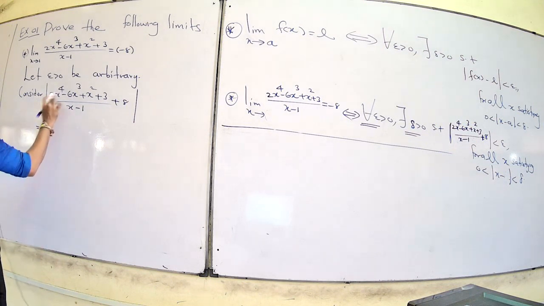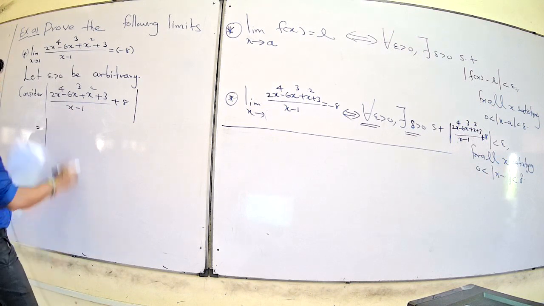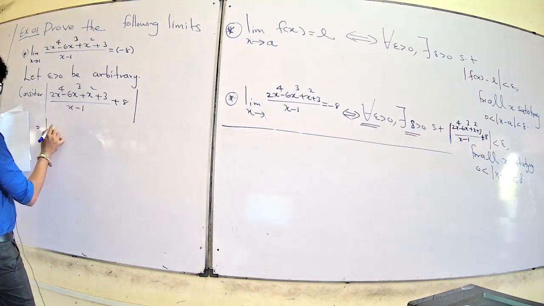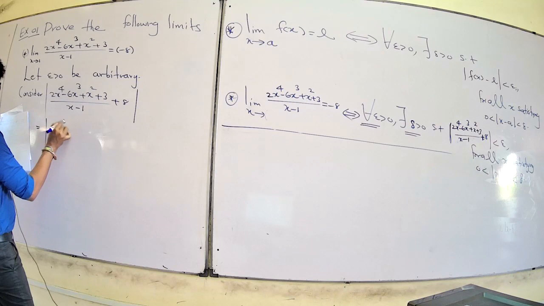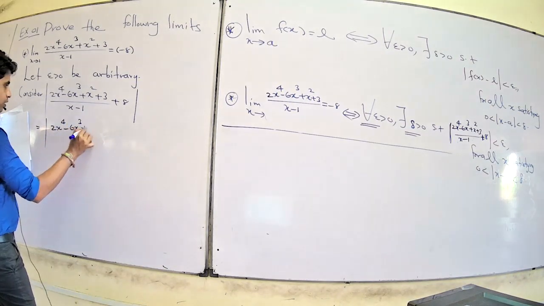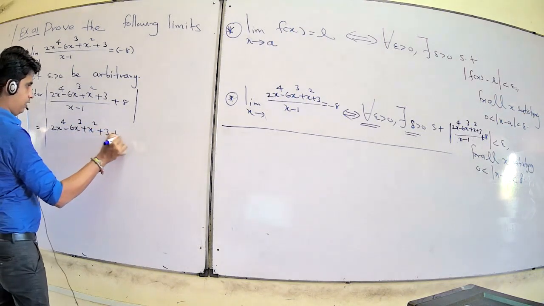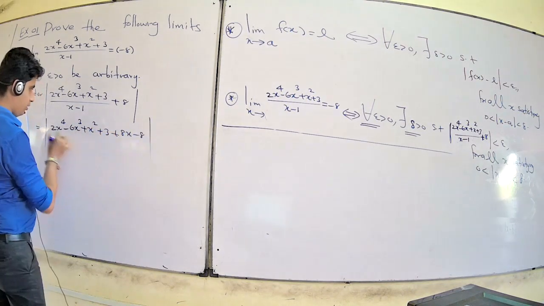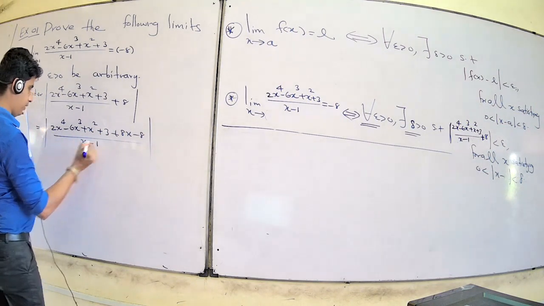You can factorize it, it is a polynomial of degree 4, no? Your GCD first, you can simplify this one. With your GCD x minus 1, you will get 2x to the power 4 minus 6x cubed plus 8x squared plus 3, plus 8x minus 8, over x minus 1.